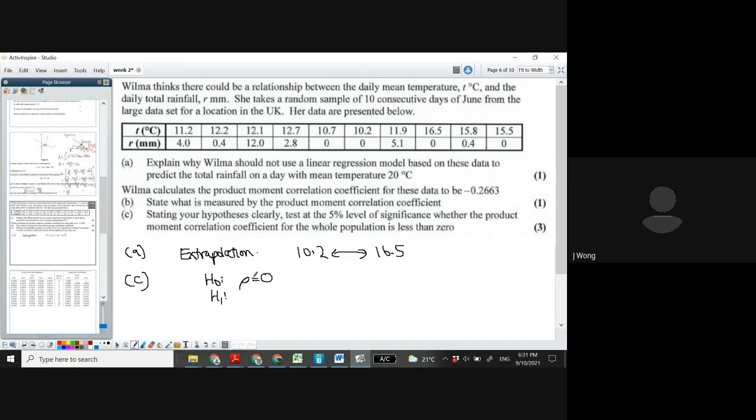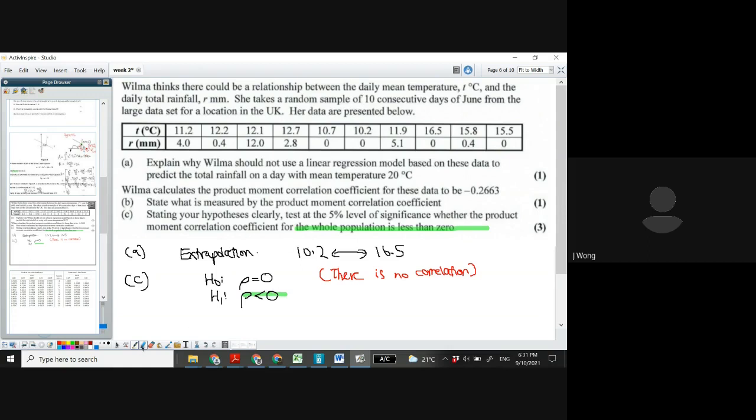So we use the notation rho. What that means is there is no correlation. And alternatively, H1 in this case will be what we have here. So we want the PMCC to be less than 0 alternatively. This is what we're trying to test at the 5% significance level.